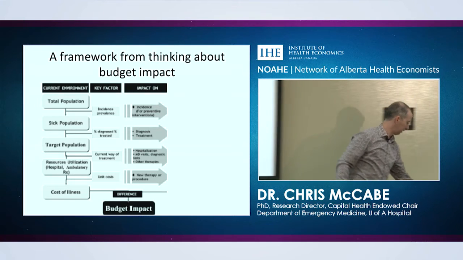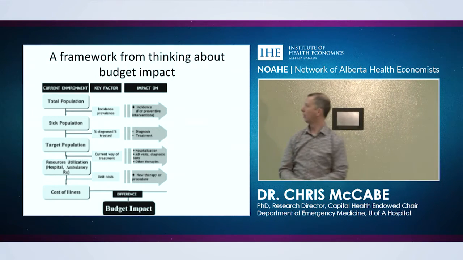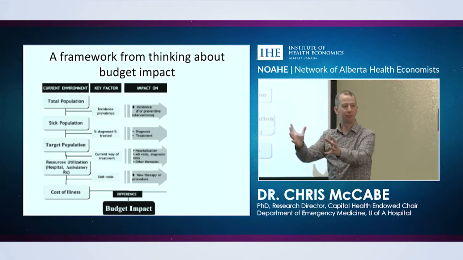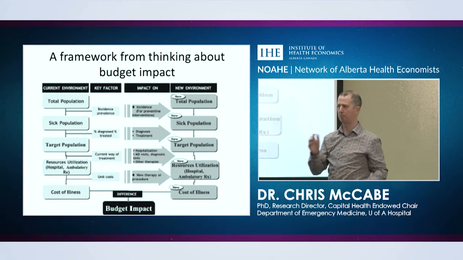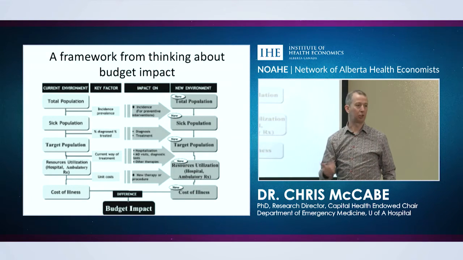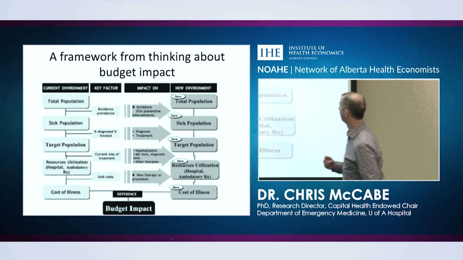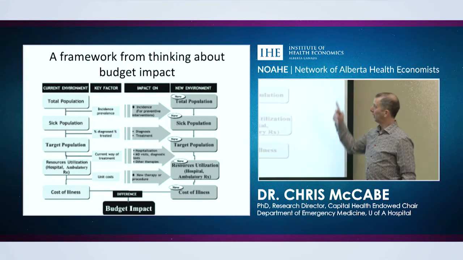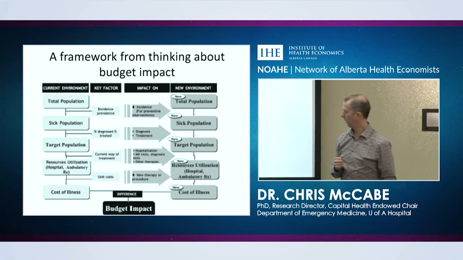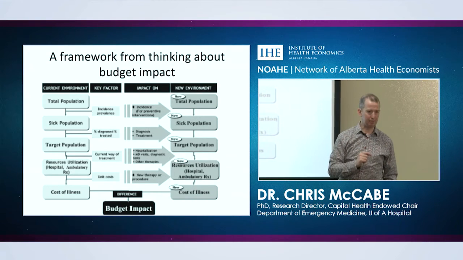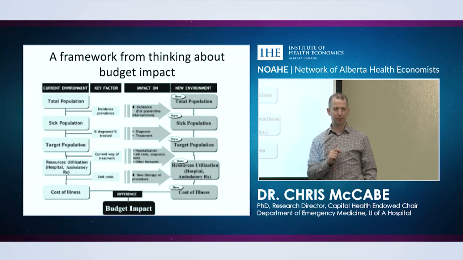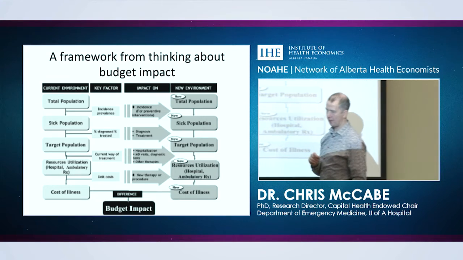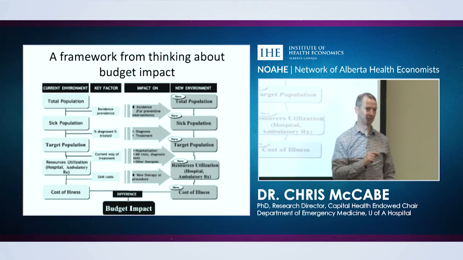and that should put us in a position where we are modeling a future. We're saying this is what we expect next year to look like because we have adopted this new technology. Okay, our total population, well, it may be slightly bigger because some therapies actually stop people from dying.